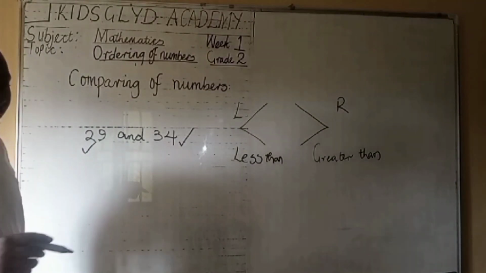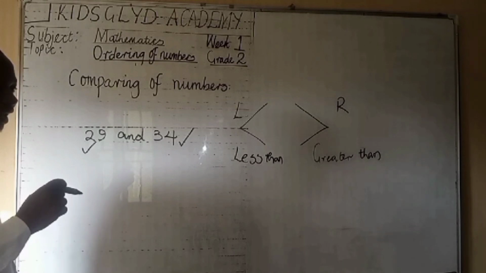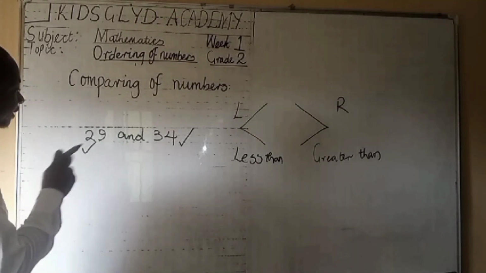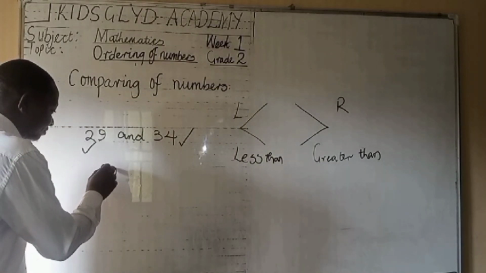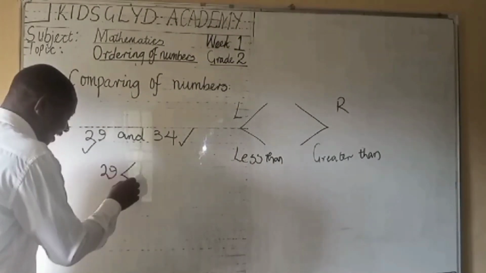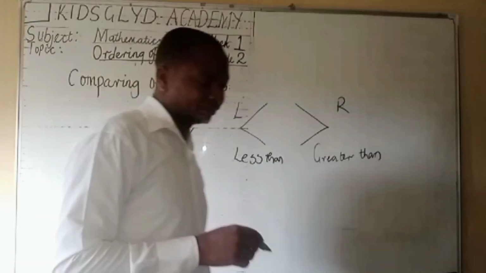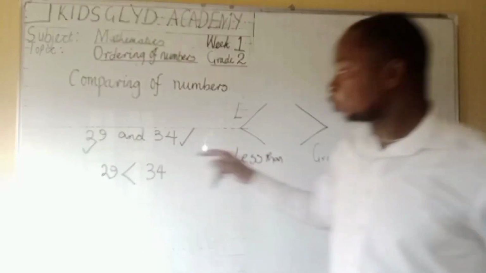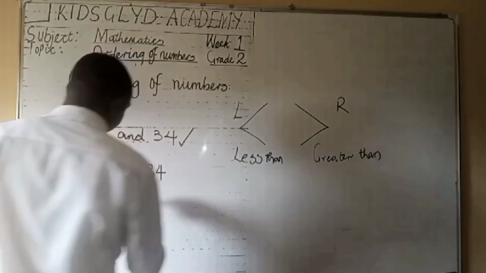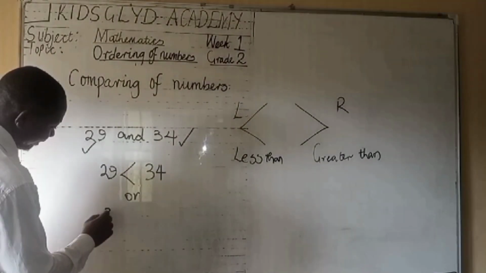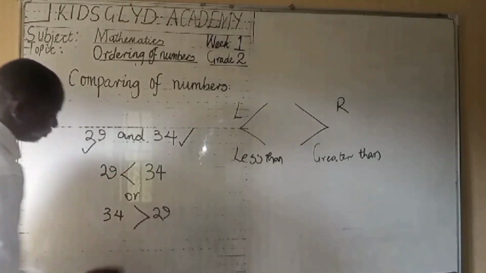So if I tell you, using the less than or greater than sign, order these two numbers, what will you tell me? You will say 29 is less than 34. That is what it means. Or you say 34 is greater than 29.